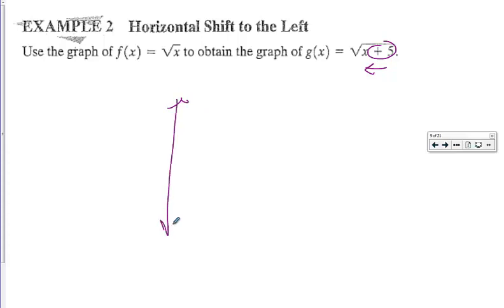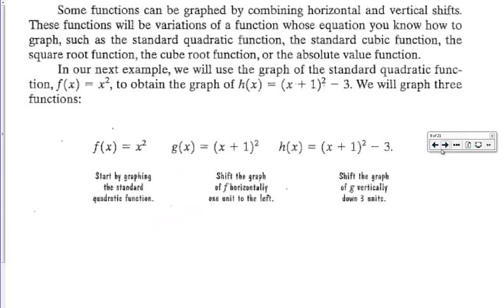Whenever I do this, my square root function looks like this. And if I'm moving everything 5 units to the left, 1, 2, 3, 4, 5, it goes like this, right? It should look exactly the same. It doesn't, but it should. On a test, I would want to see 2 or 3 ordered pairs, and then I would want to see those same ordered pairs translated over.